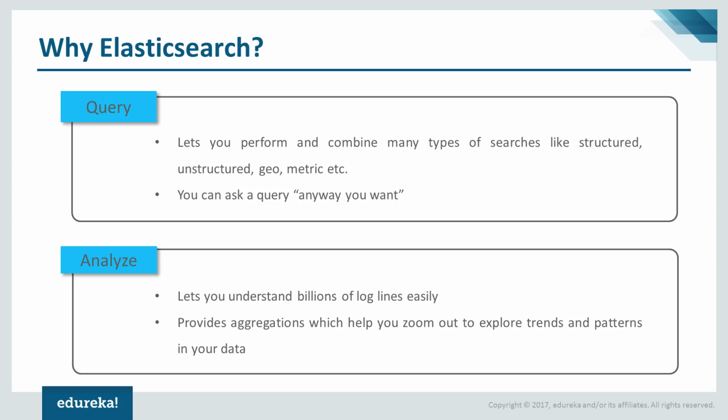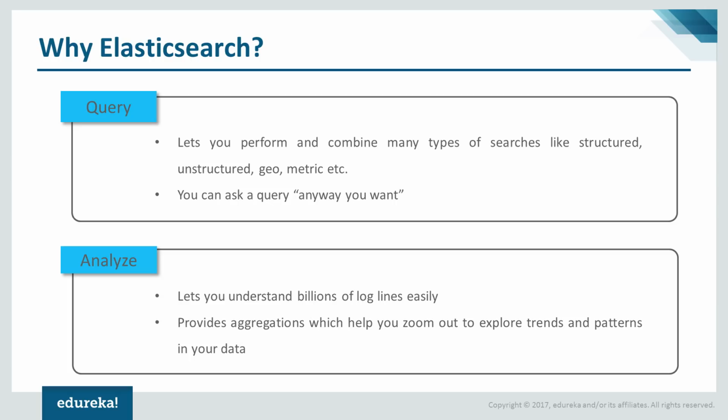The second benefit of having Elasticsearch in place is that it lets you understand billions of log lines easily. Because it supports a big volume of data, you can import your logs, and this search mechanism can help you drill down into an issue across millions of lines of logs in a small period of time. It provides aggregation, which helps you zoom out to explore the trends and patterns in your data.